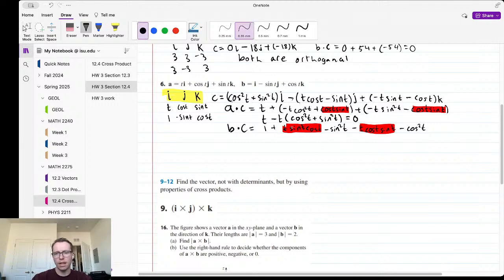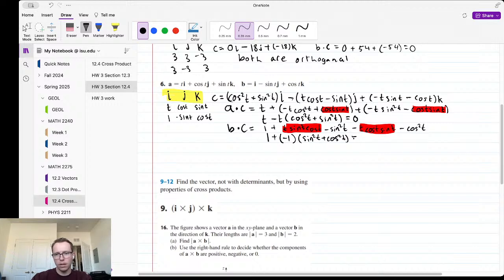The reason for the highlighted red is because I'm pointing out things that cancel immediately. And then we're left with 1 plus, and then I'm going to do another trig identity. We're going to pull out the -1, and it's going to be sine squared t plus cosine squared t, and that's 1.